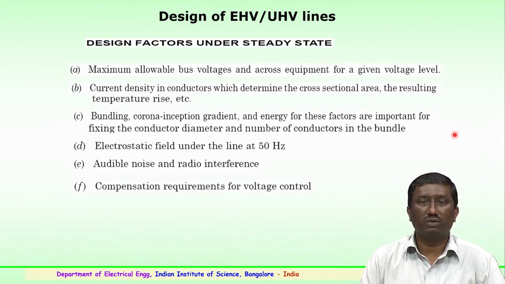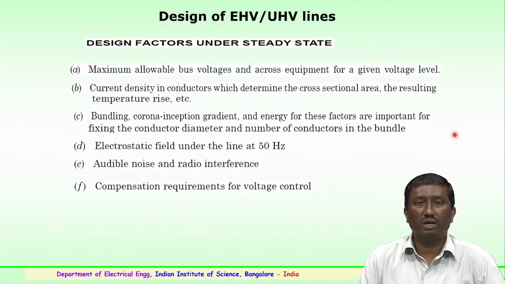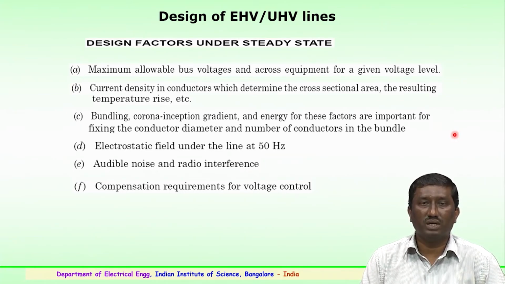So, that is the reason why the minimum noise generated by the samples has to be mandatory as per the 400 or 765 kV levels. Typically 55 or 56 decibel noise is allowed for a transmission system.